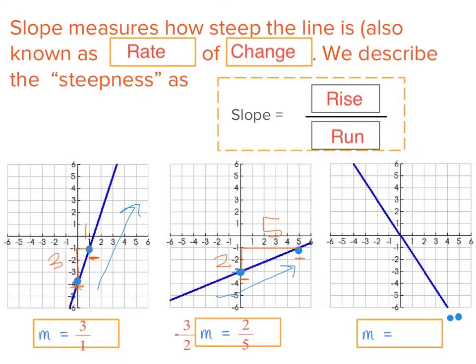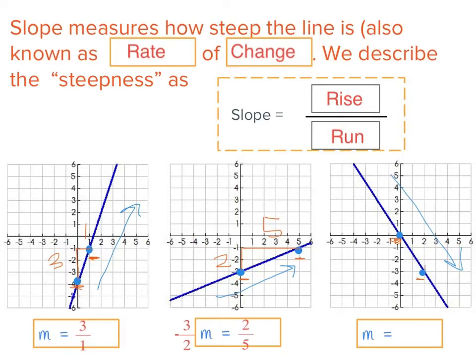So that means that this third one, we are going to get a negative slope because this line is going downwards. So let's see if we do get a negative slope. So I see my first point at (0, 0), and I see my second point at (2, -3). So again, using my slope formula, I need to go from this point to this point.